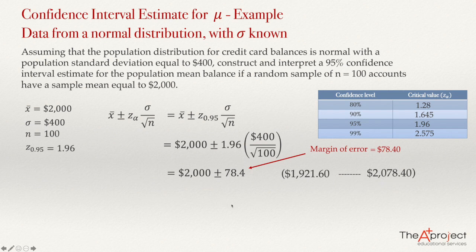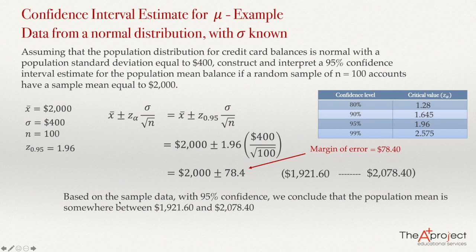As an interpretation of the situation, we can say that based on the sample data, with 95% confidence, we conclude that the population mean is somewhere between $1,921.60 and $2,078.40.